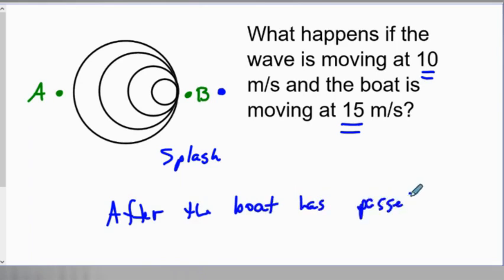And we can figure out how long after, we can do some speed calculations. But the wave of water that's coming right in here, this big wave created by the speed of the boat and the waves, is going to come after the boat has passed. And that is a very, very specific situation.